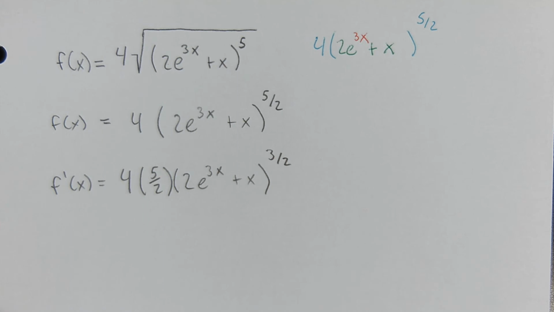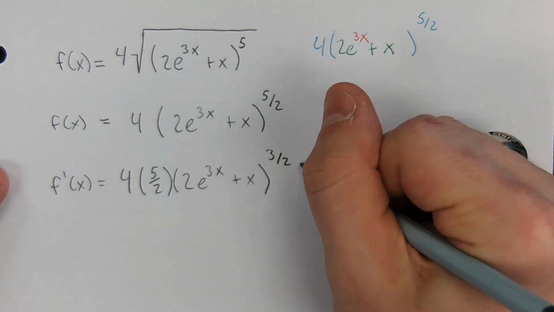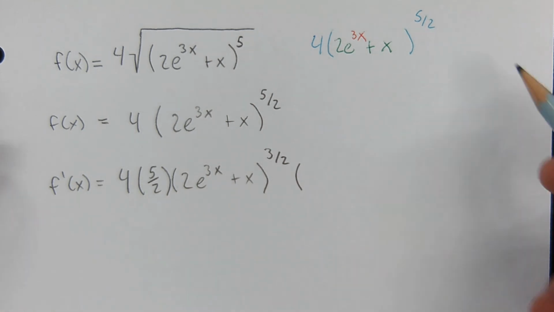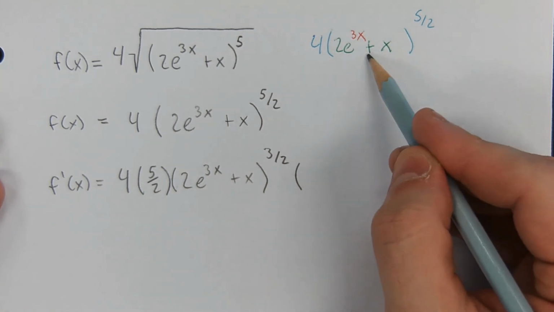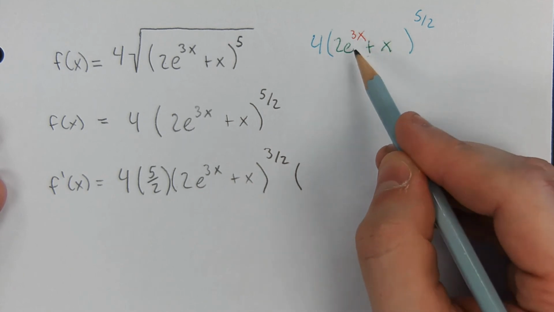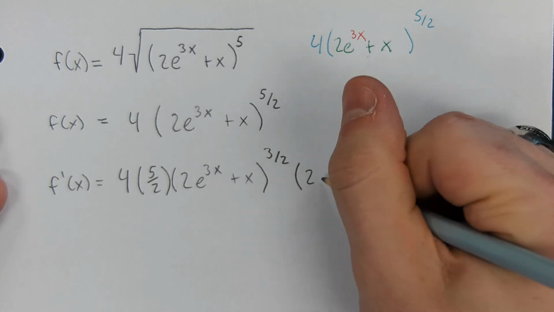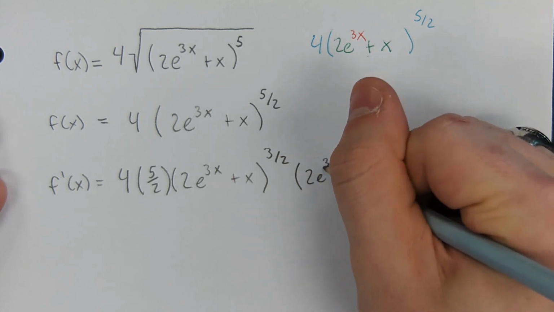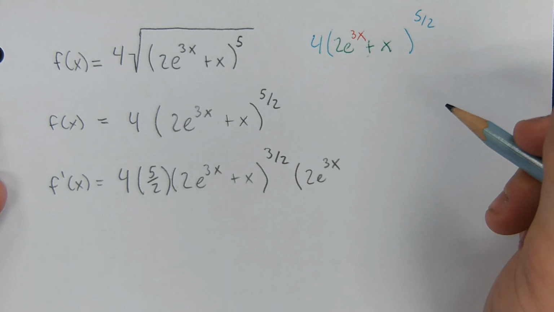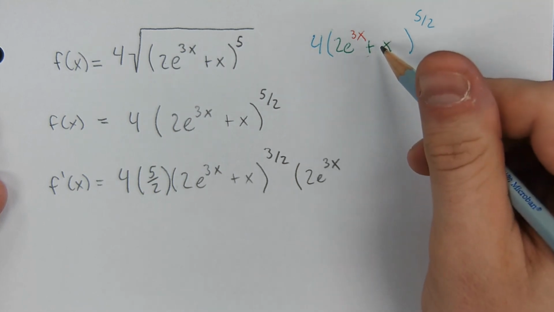Comfortable with that? But since there was a function inside those blue parentheses, we must find the derivative of what's inside the parentheses. That requires me to find the green derivative. So times the derivative of the inside. The derivative of the inside involves an exponential and a polynomial. The derivative of every exponential is write the exponential without touching its exponent, and I will handle its chain rule in just a second.